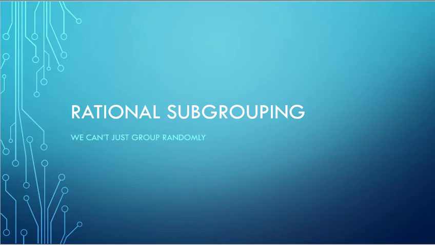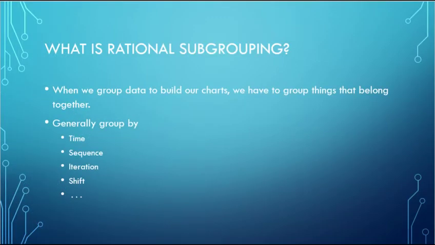In order to build really robust control charts, we need to talk about how you choose the groups that you're going to group together. When we choose the boundaries for our groups, we want to make sure that we group data with things that belong together.